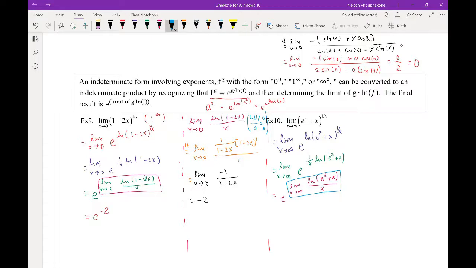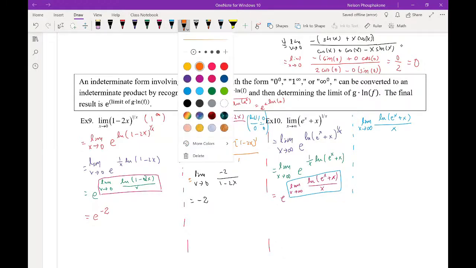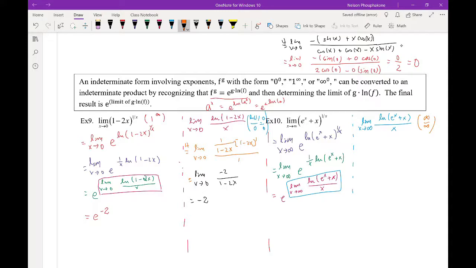Okay, so now I will have, again, the limit x approaching infinity of natural log of e to the x plus x over x. Then you will see that for this one, basically we have infinity over infinity. So then we apply the L'Hopital rule, then I will have 1 over e to the x plus x, times the derivative of e to the x plus x over 1, right?